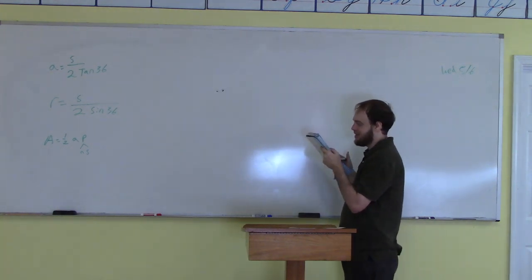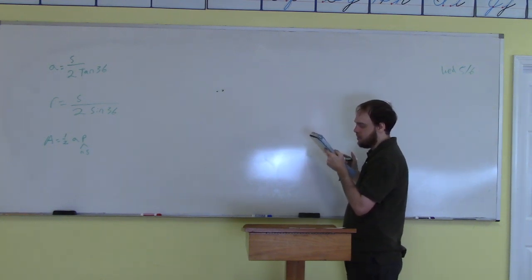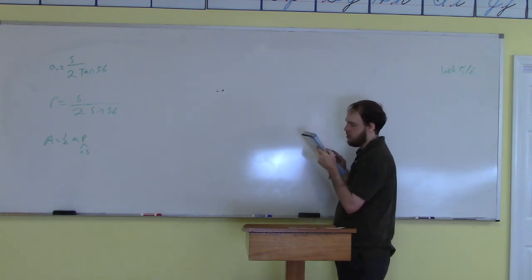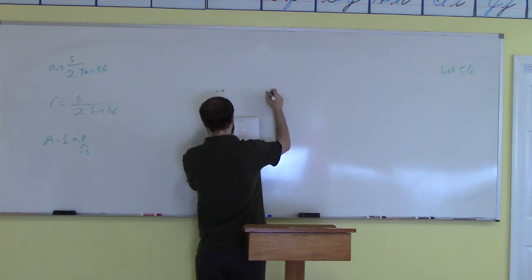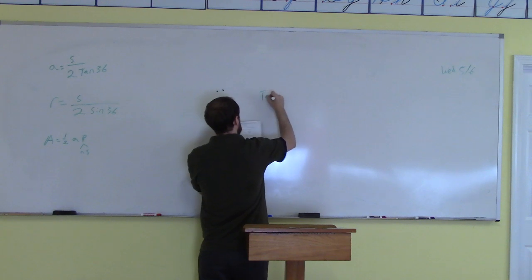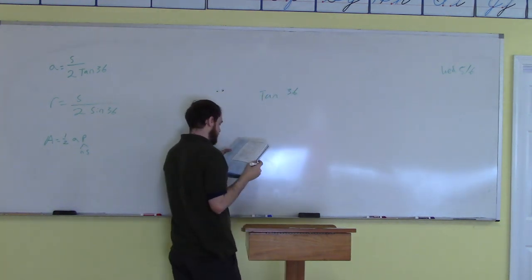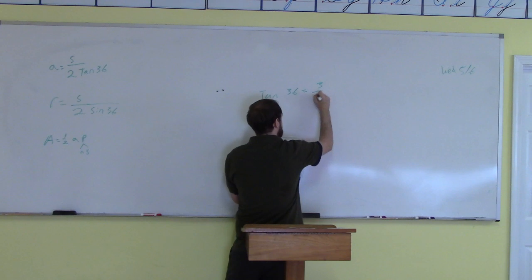So PM bisects CD, forming a right angle with CM equal 3 by exercise 1. And so this would be, basically you're going to set it up as tangent 36, which we got in exercise 1, equals 3 over PM.